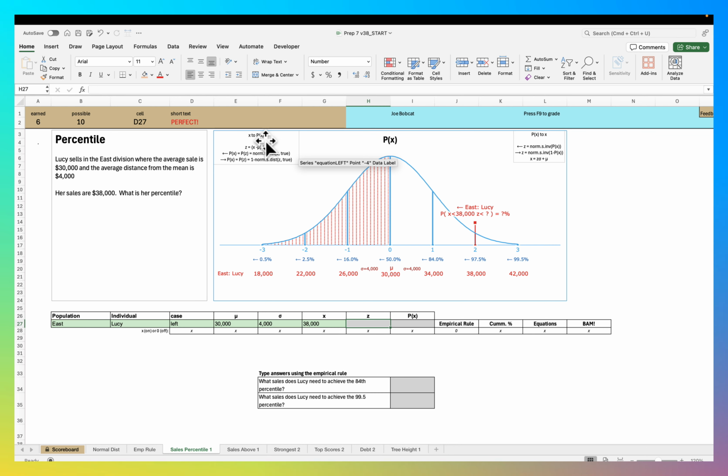P of x is the probability of her salary. So we need a z-score, which is going to be equal to x minus the mean, so it's the difference from the mean divided by the standard deviation. So it's basically the distance from the mean measured in standard deviations. That's why we divide by the standard deviation.